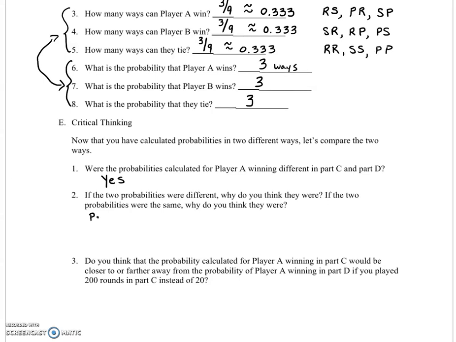So part C was an experiment. And part D was what we call classical probability.